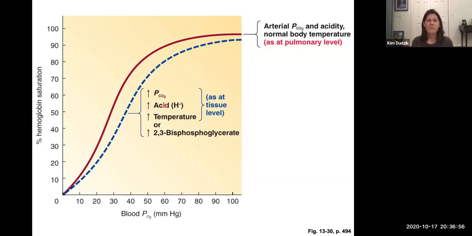Okay, so why is that happening? We'll go back to general bio. Remember, you learned mostly about enzymes and how enzymes function better at certain temperatures and certain pH. Right? And remember when the pH lowered, that means it's more acidic, and it denatured that enzyme protein, okay?